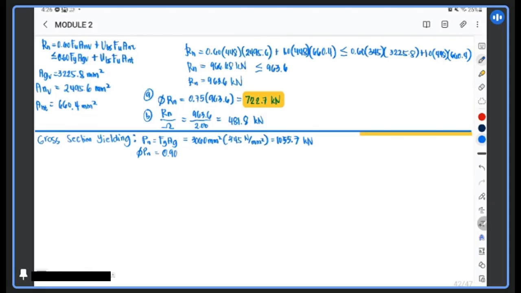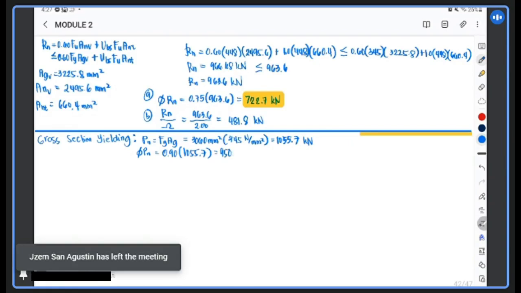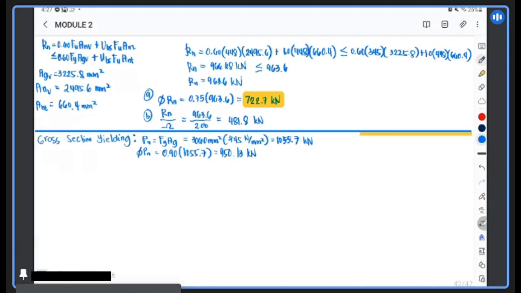So 0.9 of 1055.7 is 950.13 kilonewton. And then, for the ASD, we have 1.67. So we have 1055.7 divided by 1.67, which is equivalent to 632.16.